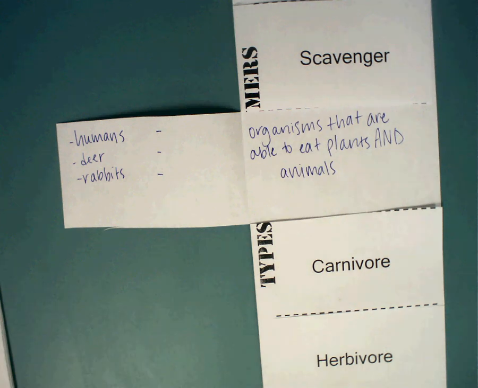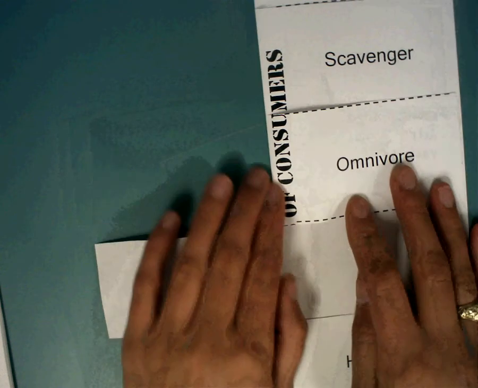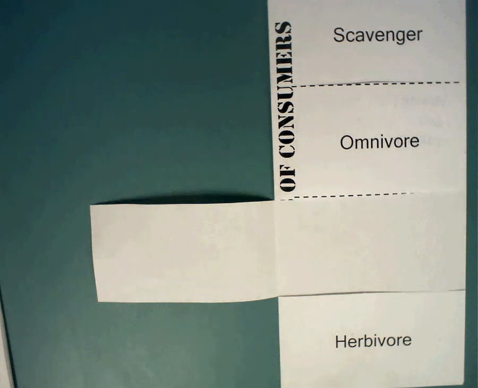Okay, so the next one I want to talk about is carnivore. So carnivores eat what? Meat. Meat, meaning insects and animals. So organisms that eat insects and animals. Let's do this one in pink.